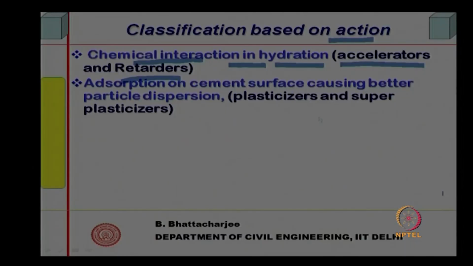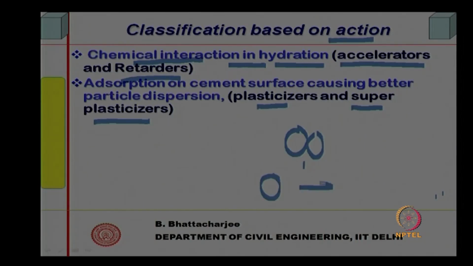Plasticizers and super plasticizers, as I was just mentioning, get adsorbed on the cement surface and cause better particle dispersion. So, in a way they are dispersants, cement particle dispersants, which cause dispersion of the cement particles, separating them out from the original situation.